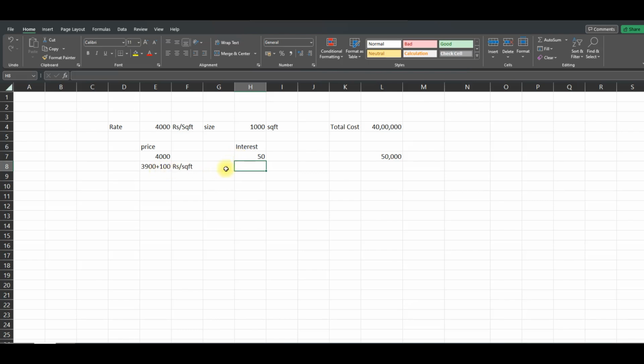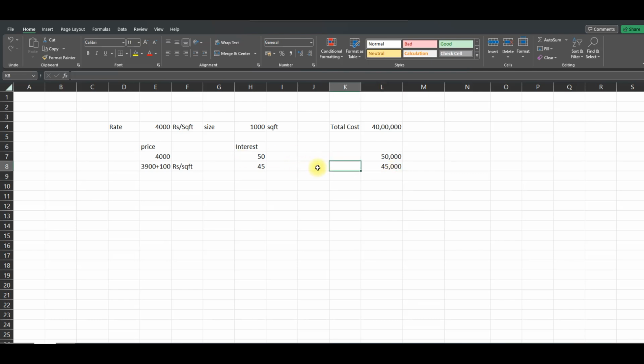For 3900 rupees you are going to pay 45 rupees interest to the seller. So the amount you are going to pay to the seller is 45 multiplied by 1000. So the amount is 45,000 rupees you are going to pay to the seller.